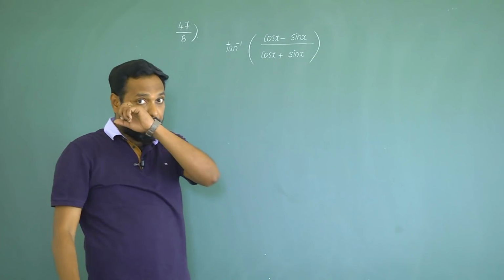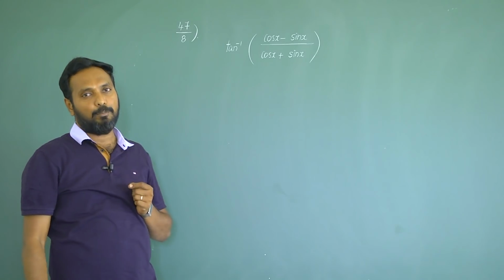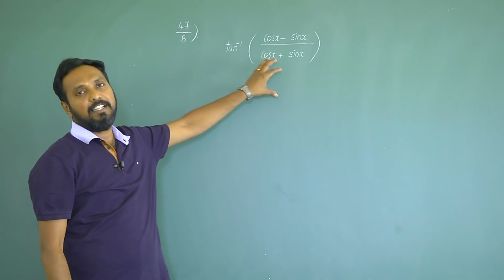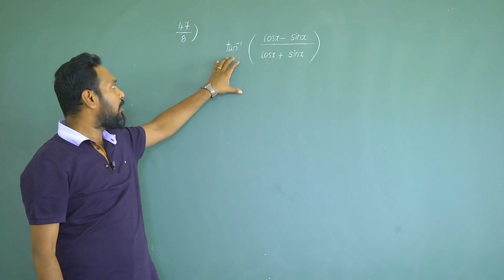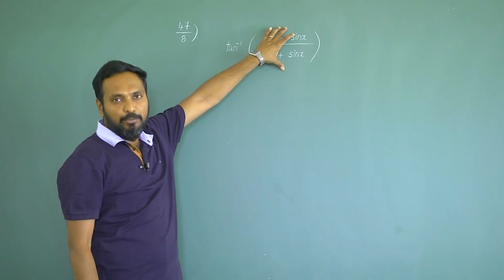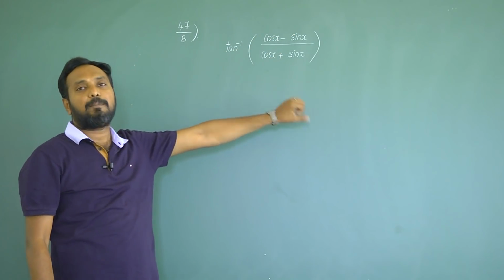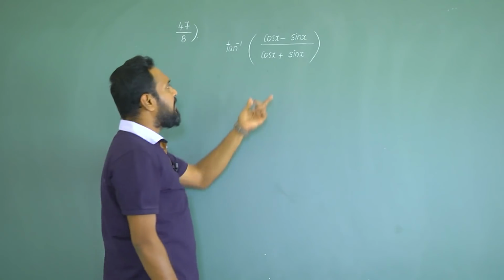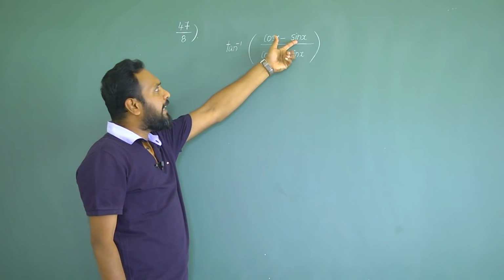While simplifying these functions, a small point we need to remember is that we need to convert the inside function in terms of the outside function. As it is tan inverse outside, we need to convert the inside to tan, so that tan inverse of tan x equals x, and we can apply the property. Now, how to convert the inside in terms of tan? By taking cos or by taking sin.